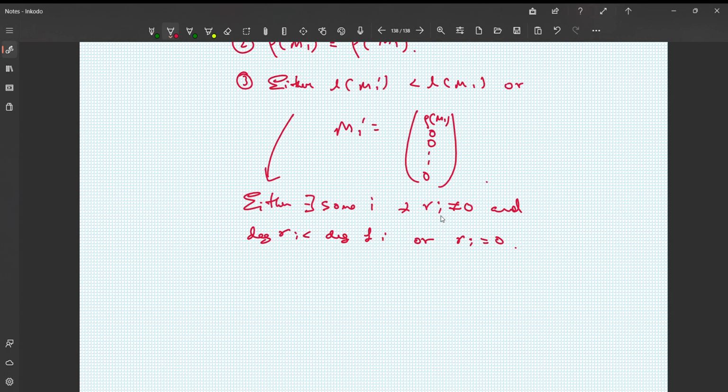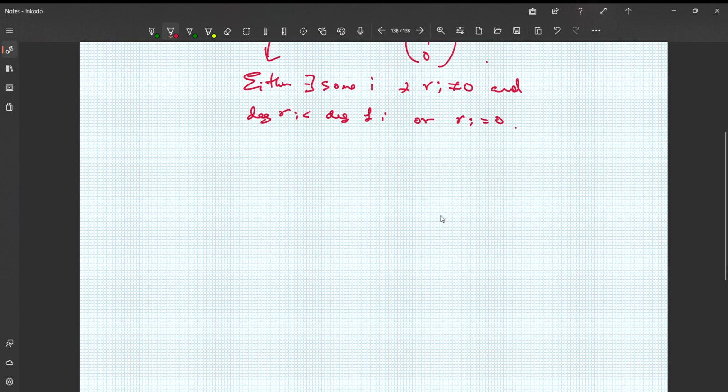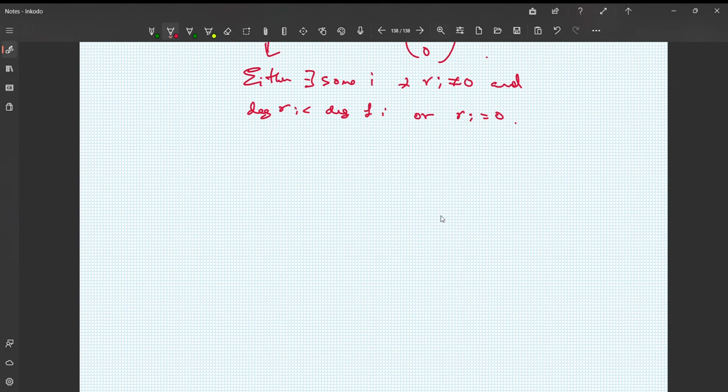Or Ri is 0. So that is precisely what I'm trying to say here. Correct? Okay. Now the proof is quite simple.